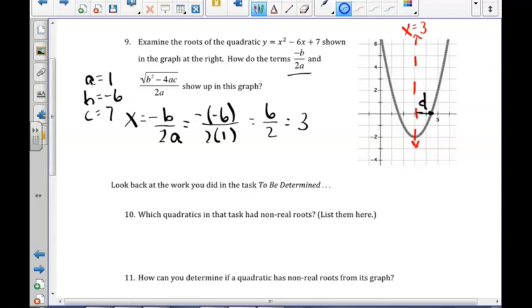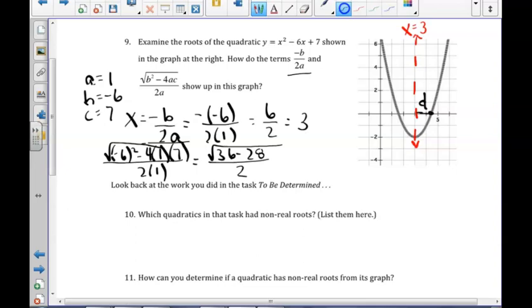It's a matter of us finding what that is, so we can plug in the square root of b squared minus 4a times c divided by 2 times 1, and we'll get the square root of 36 minus 28 divided by 2.